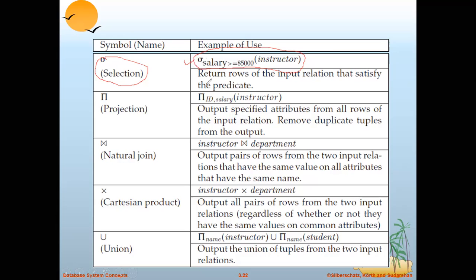This will return all those rows of the input relation instructor whose salary is greater than or equal to 85,000.